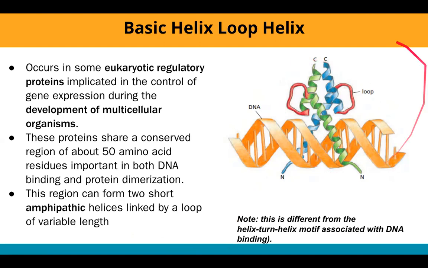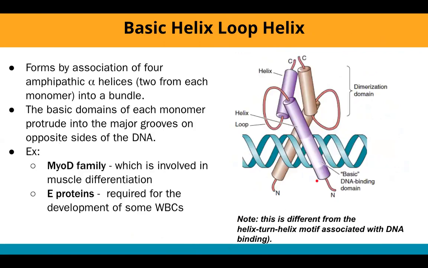Note that this helix loop helix is different from the helix turn helix. This one is a helix loop helix. There's a loop containing amino acids also. It forms by association of four amphipathic alpha helices to form a bundle.